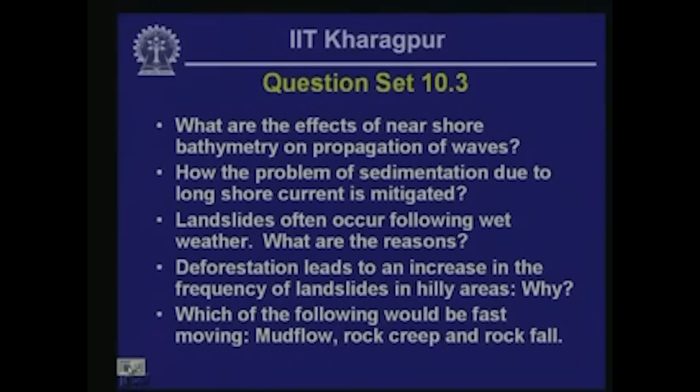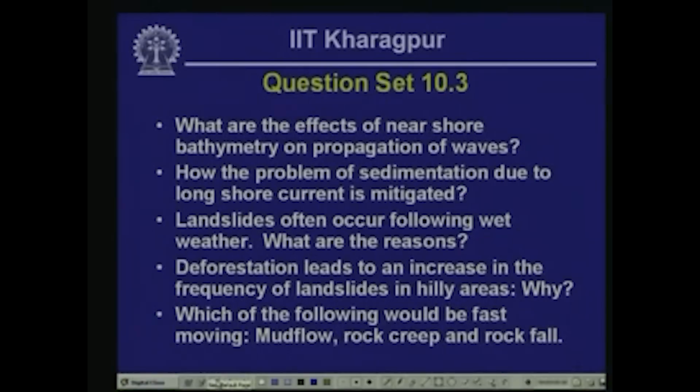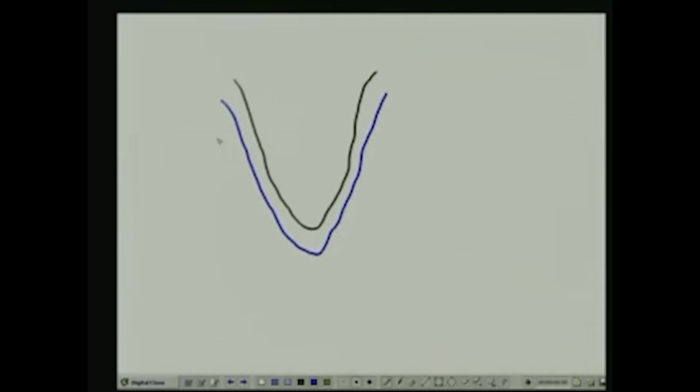Let me draw a sketch to jog your memory about what I mean by this. So let us say we have a land surface that is protruding into the sea, and the bathymetric contour near shore is also reflective of that kind of landform. So this one here is our coastline.